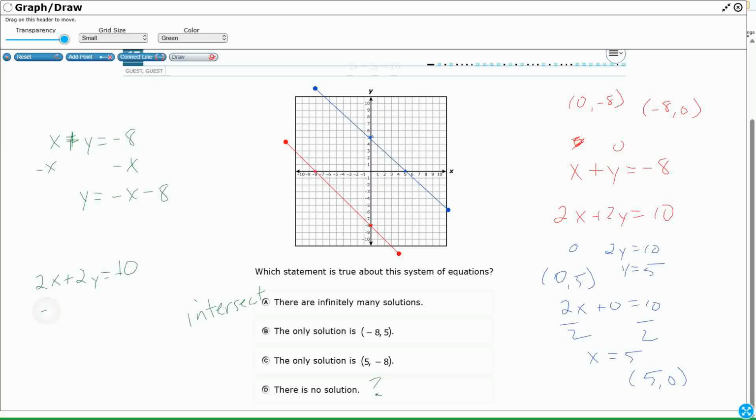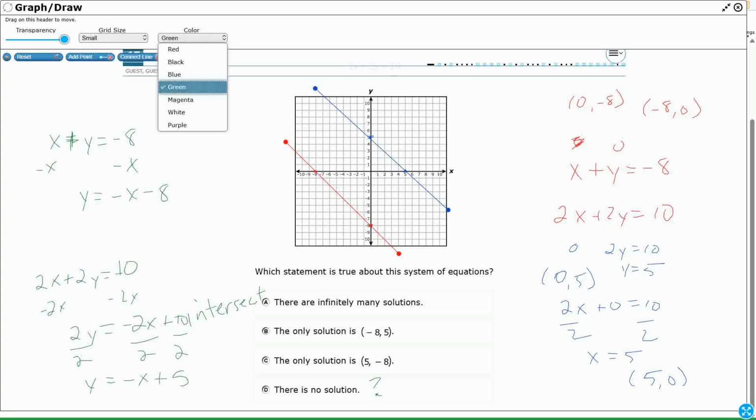We're going to subtract 2x from both sides. So that's going to be 2y equals -2x plus 10. And then we need to divide everything by 2. So it's going to be y equals -x plus 5.